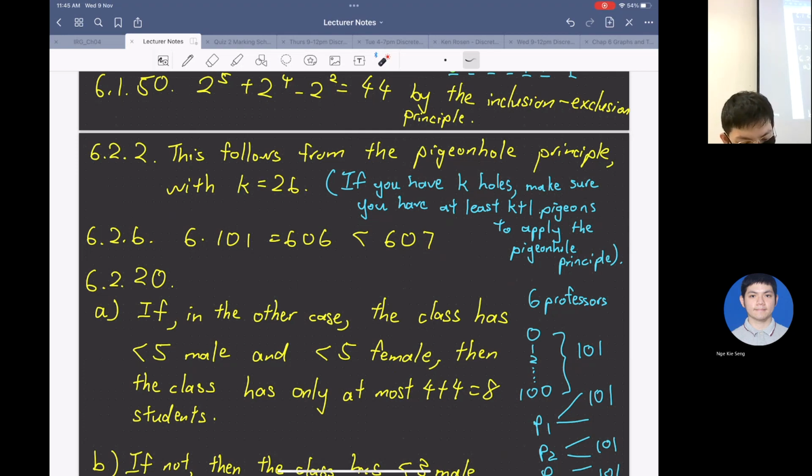You need to determine how many holes, or boxes, first. You have 6 professors and 101 different marks from 0 up to 100. Multiply together and you get 606 holes, or boxes. You just need to make sure you have at least 607 students, 606 plus 1. Then 2 of them must have the same score from the same professor.